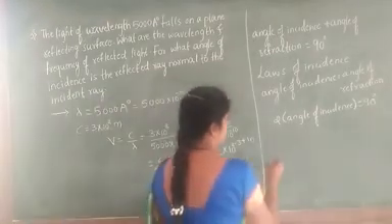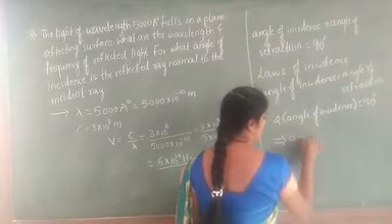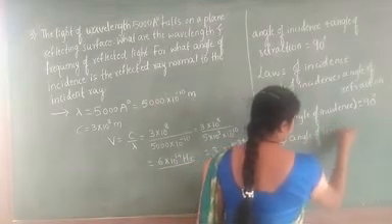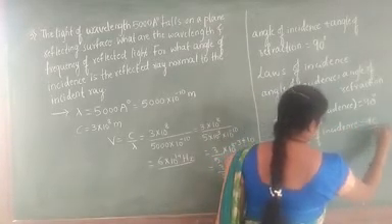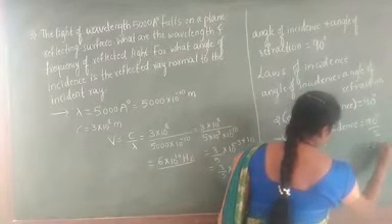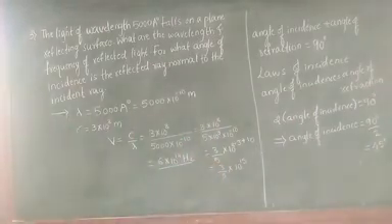Therefore, we have to find the value of the angle of incidence. The angle of incidence is equal to 90 degree by 2. Cancelling it out, we get the answer as 45 degree. Therefore, the angle of incidence is equal to 45 degree.